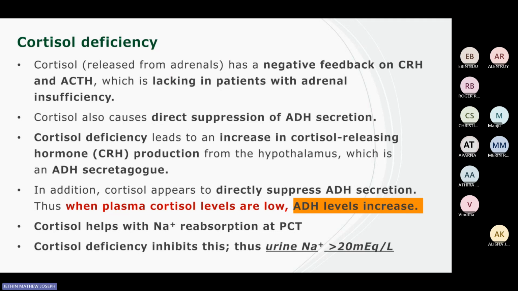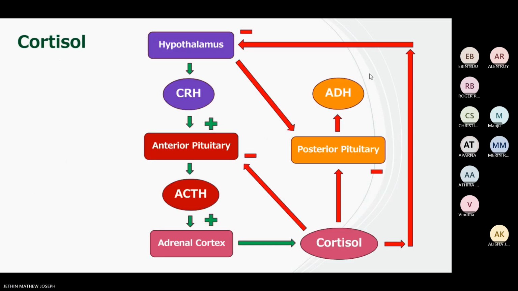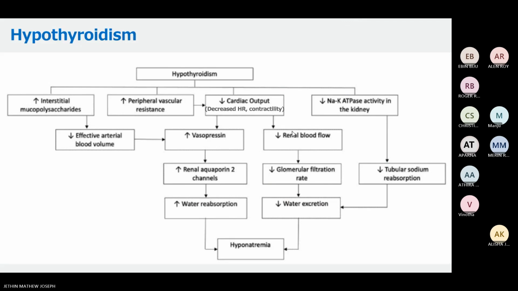So if there is cortisol deficiency, there is less sodium reabsorption, so urine sodium is going to be high. Your hyponatremia is because of increased ADH levels, and your increased urine sodium is because of cortisol deficiency, because cortisol helps with reabsorption at the PCT. Because it's deficient, sodium reabsorption is not happening. So that was about cortisol deficiency.